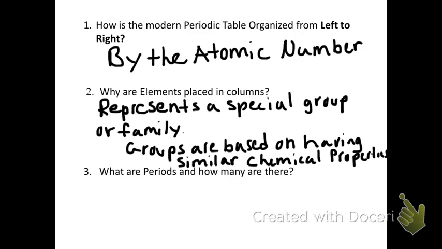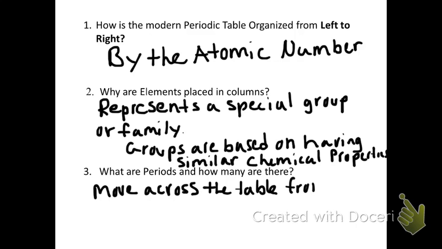Well, periods are arranged moving across the periodic table. So periods move across the table from left to right.